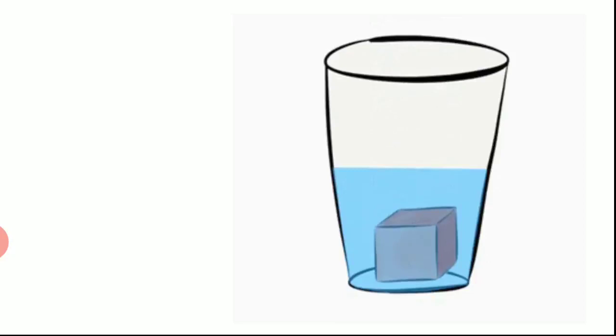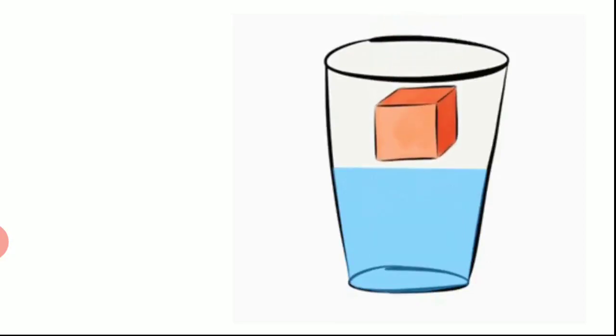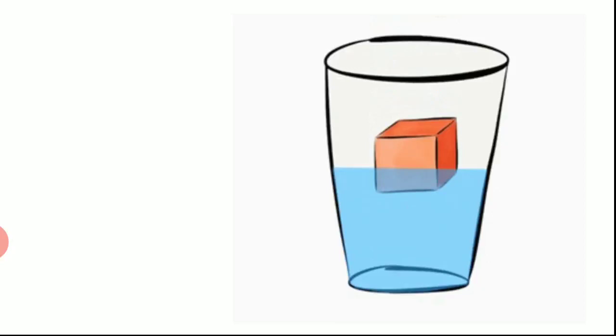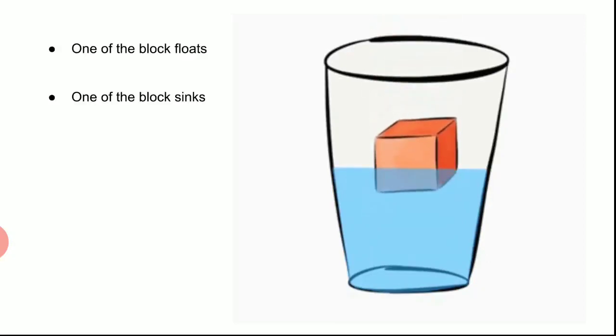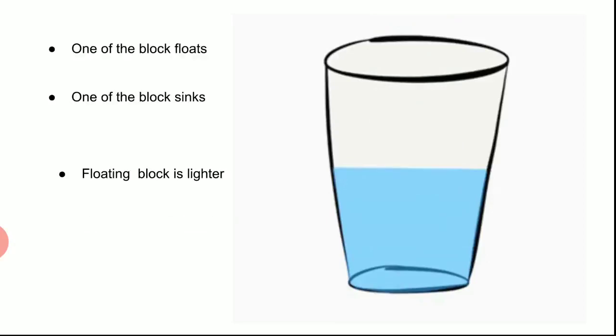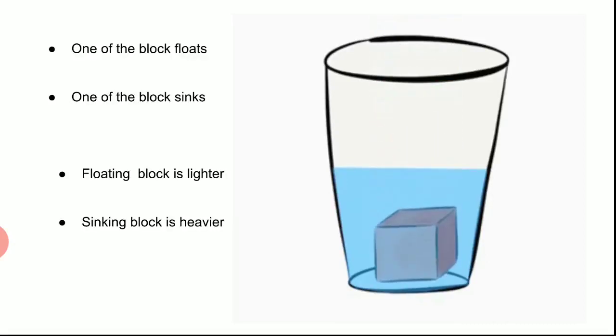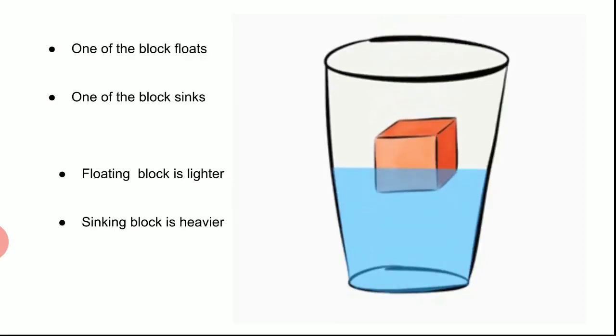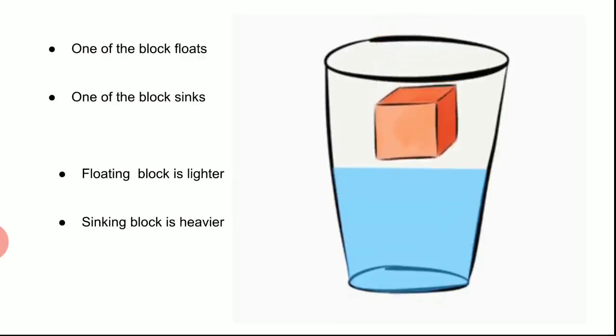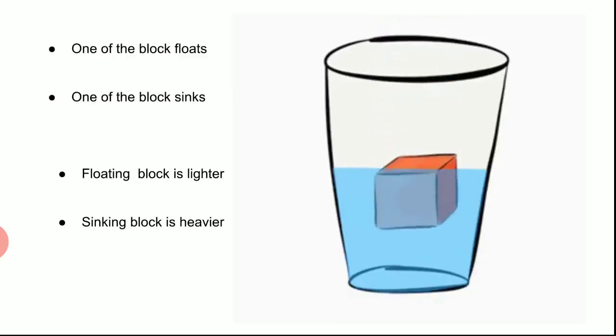If we see here in a glass which is filled with water, this one block is floating and now we see the another block is sinking. Now what happens? The block which is floating is lighter and the block which is sinking is heavier. That's what we conclude, right? We say heavy it is or it is a lighter one. Now when we describe this denseness of a substance, we need to focus on 2 quantities which we discussed in the 2 examples ahead in the slide, which was mass and volume.